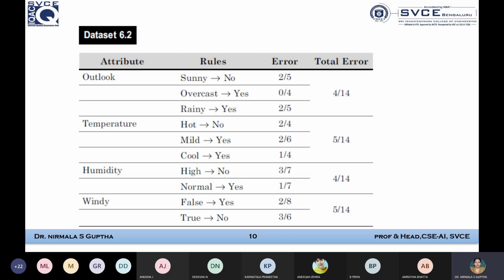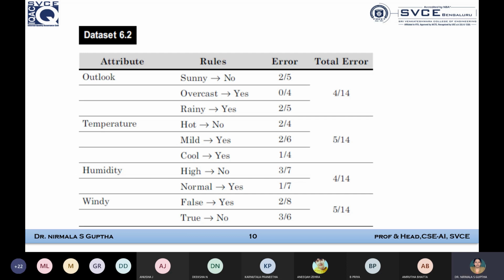Obviously the denominator has to be the same for the data set because that is the number of rows, 14. How many times a value occurs is immaterial. The denominator is common for all the total error values.